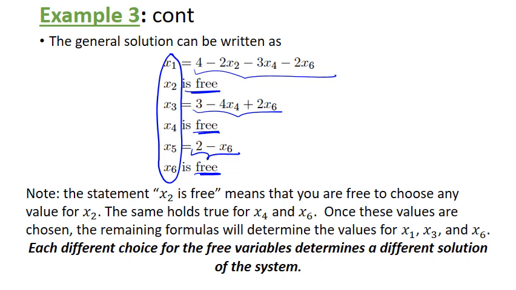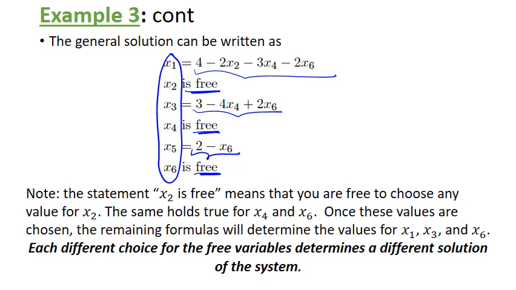Now, what it means to have a free variable is that you can choose any value you want. It's like a free space. You can make x2 be anything you want, x4 be anything you want, so on and so forth. Once those values are chosen, the remaining formulas can be solved.